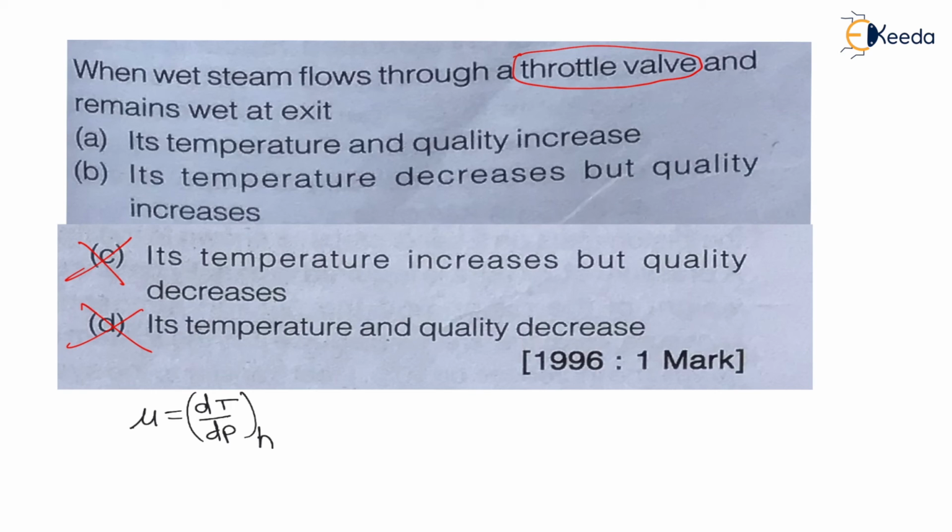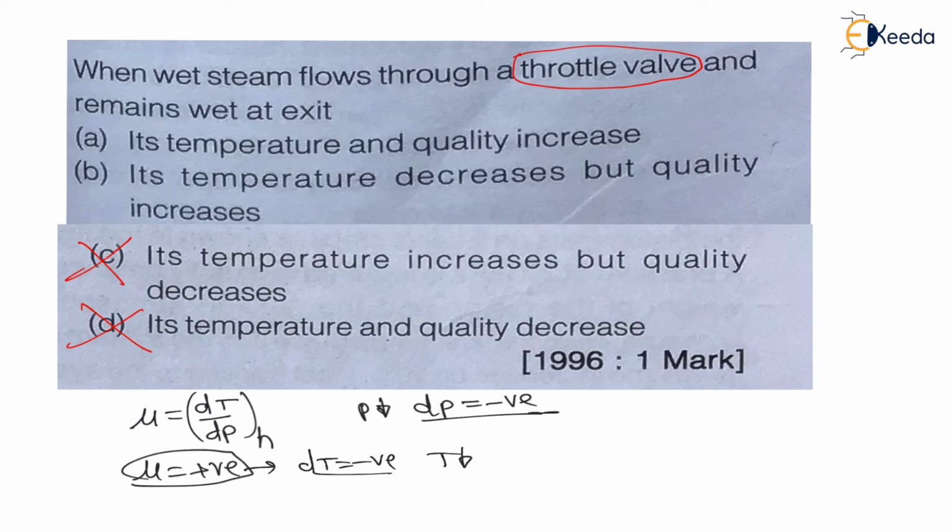And my dear students, due to throttling, pressure always decreases, means change in pressure is always negative. If this mu is positive, and change in pressure is negative, then change in temperature must be negative, hence temperature decreases.